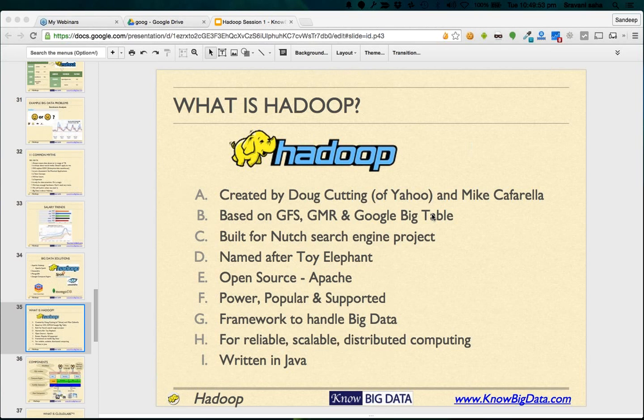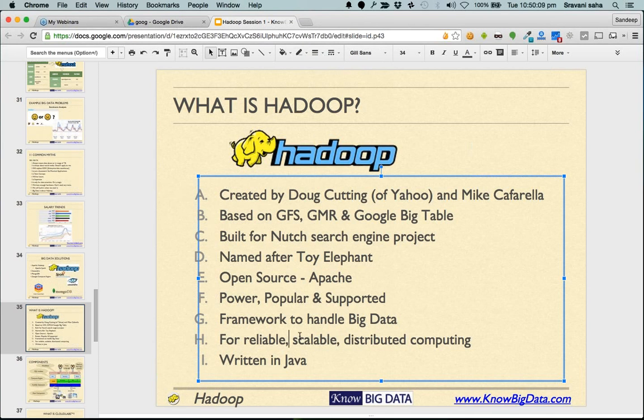It started with three products: file system, compute engine, and database. But now there are more than 11 components which lie under the umbrella of Hadoop. All of these 11 components have common characteristics.